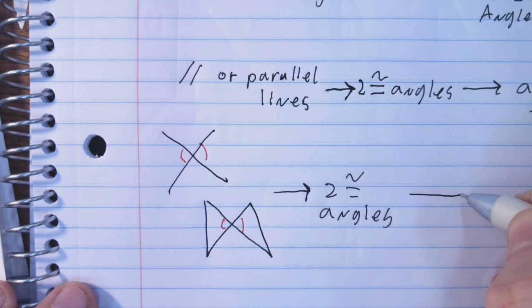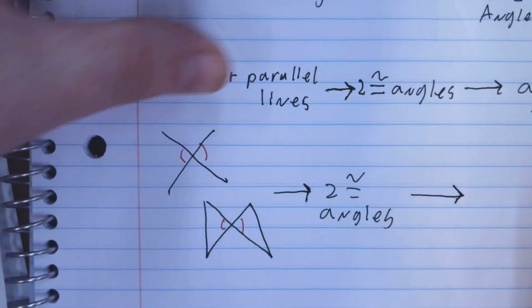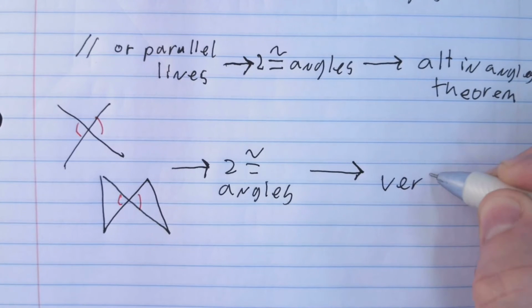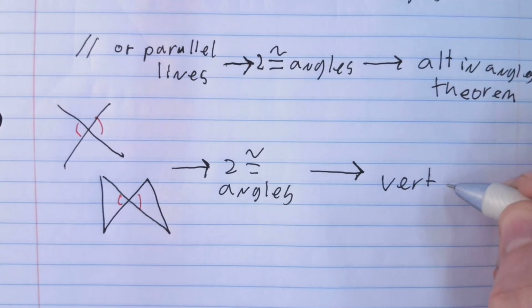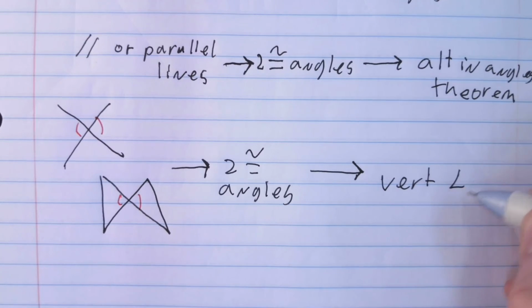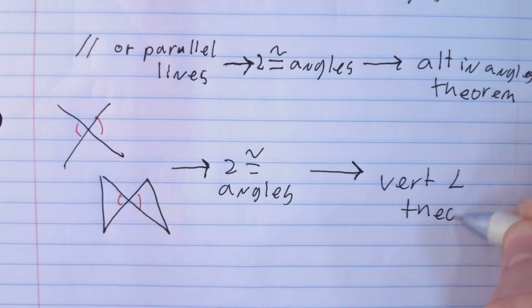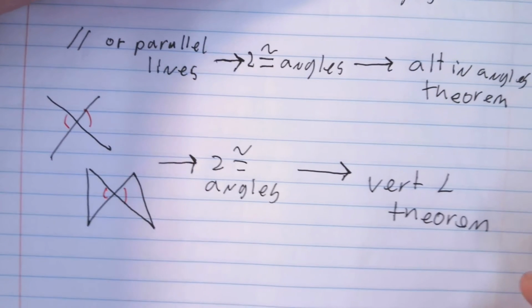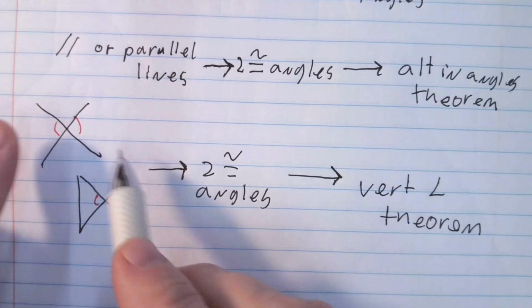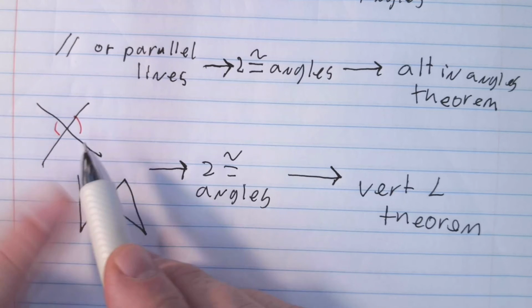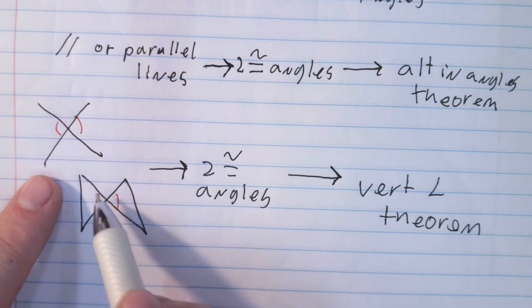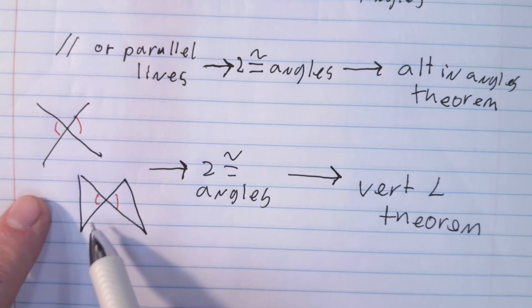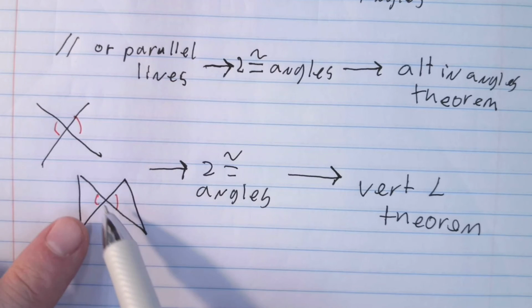And what rule are we going to apply here? Vertical angle theorem. Okay. And you don't even have to read to be able to do that. You just need to look at the shape, and if you see this, I'm going to automatically think it's going to give me two angles. And there's only so many ways you can make an X with triangles.